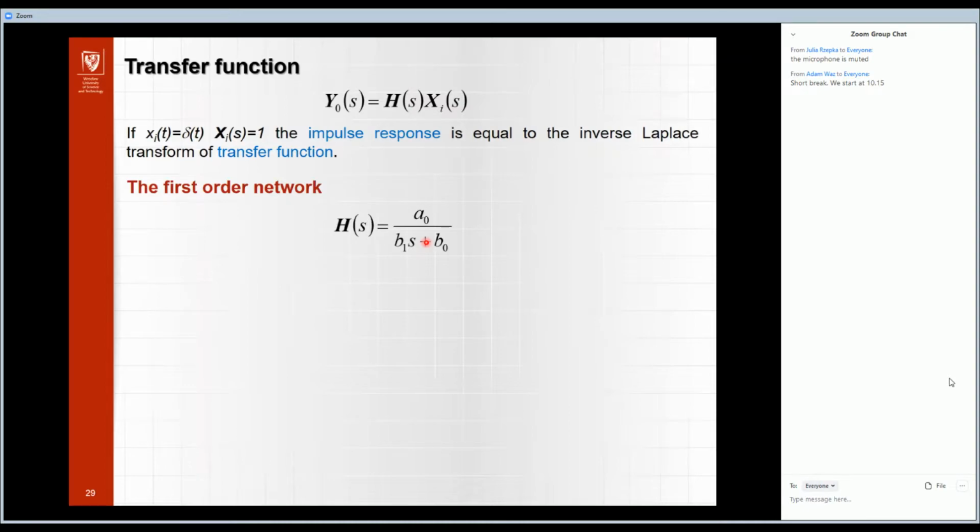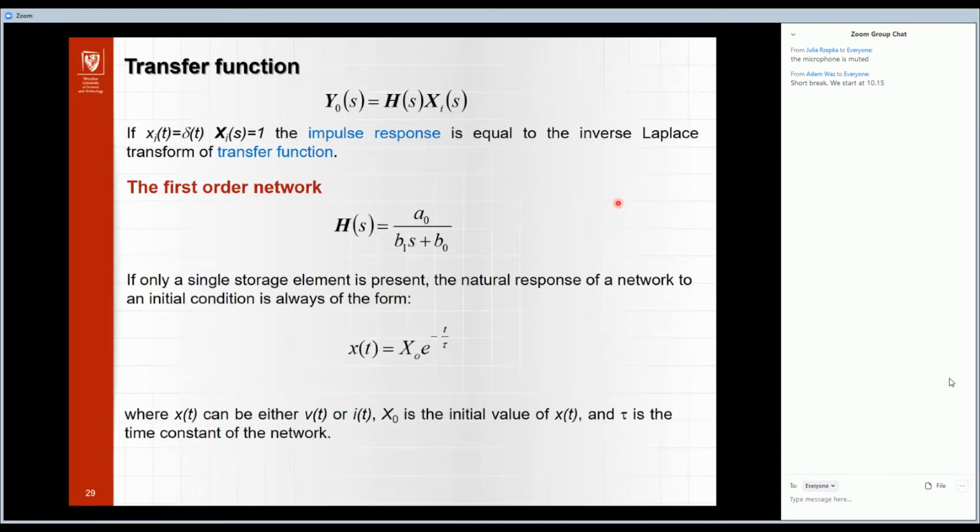Okay, and so now we can try to analyze the equations connected with the transfer functions, and we consider two cases. The first is the first order network, when we have the transfer function as this one, with three constants, and S with first power in the denominator.